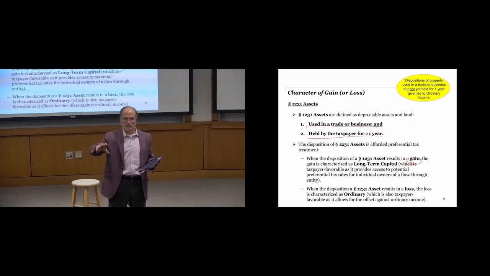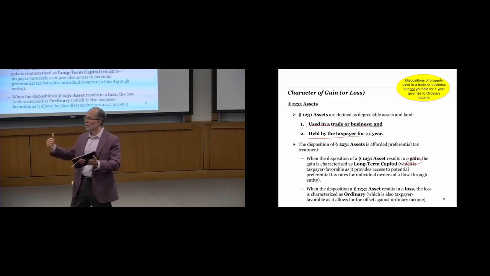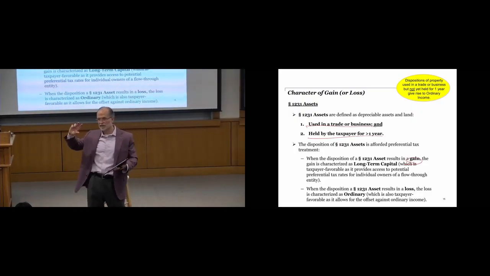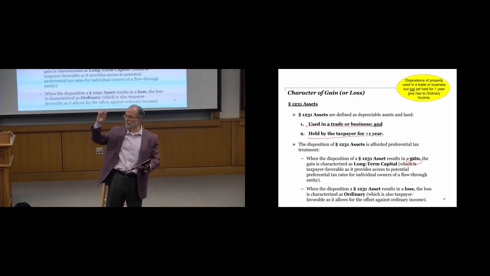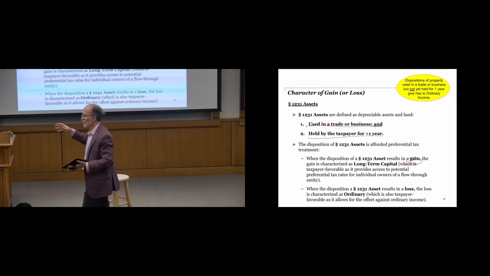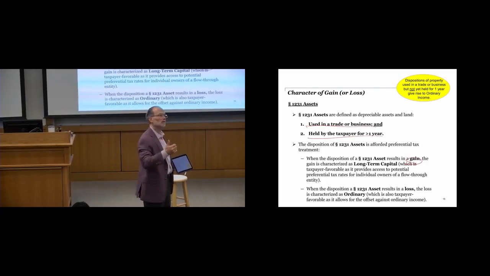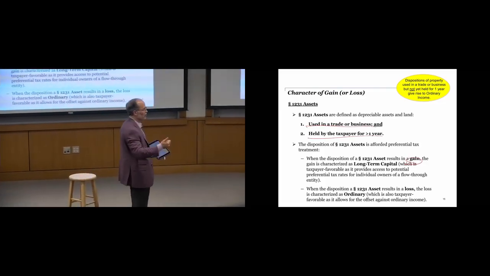It's taxed at 21. But if I have a partnership or an S corporation disposing of a 1231 asset, if I'm distributing or I'm flowing through long-term capital gains, that's a good thing. My individual owner is going to be really pleased with that. They're going to have preferential tax treatment.